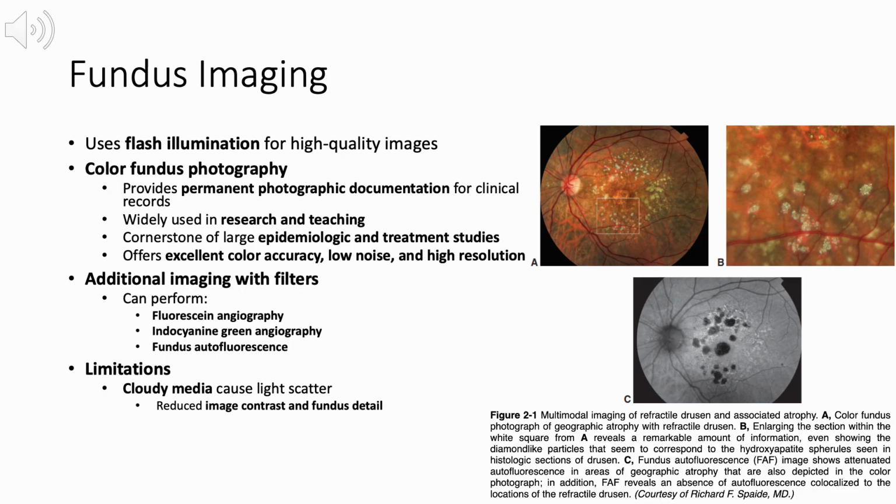Panel B is a magnified view of that region, revealing detailed refractile diamond-like particles corresponding to drusen material. Panel C shows a fundus autofluorescence image, demonstrating reduced autofluorescence in areas of geographic atrophy and absence of autofluorescence at the locations of refractile drusen, highlighting how different imaging modalities provide complementary diagnostic information.